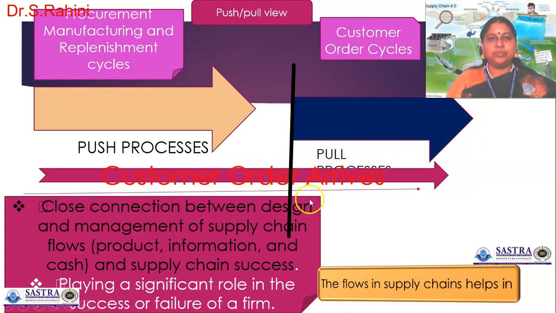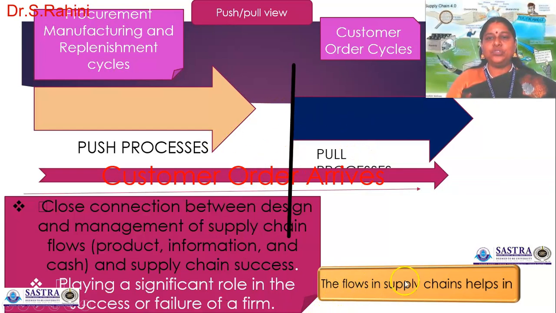There is a close connection between the design and the management of supply chain flows. So product, information and cash are all traveling in this particular cycle, and the supply chain will lead to success after considering all these things. The success or failure of the firm depends entirely upon these push and pull strategies, or the push and pull processes, which are going on in this process view.